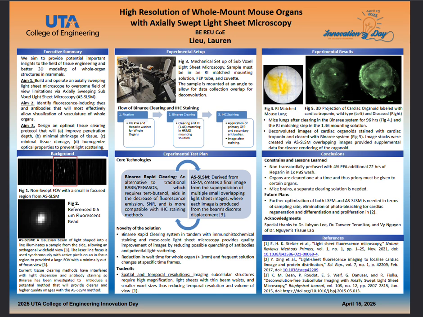So the point of ASSLSM is to have a Gaussian beam of light that samples the sample from the side using an orthogonal field of view, and it will be sweeping alongside the sample, while at the same time a camera has active pixels on in focus. This provides a large field of view with minimal out of focus view.